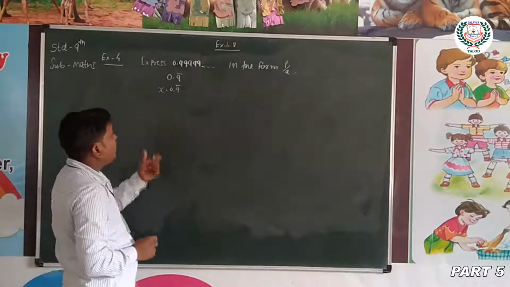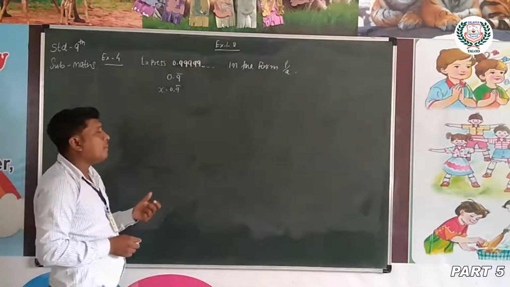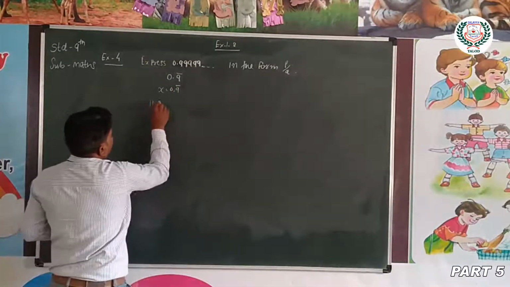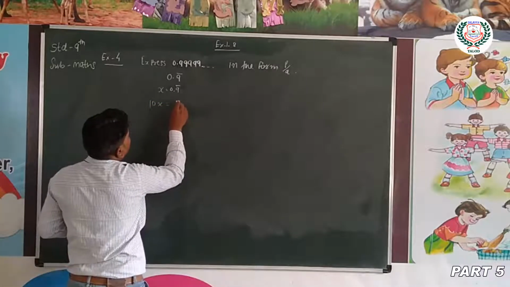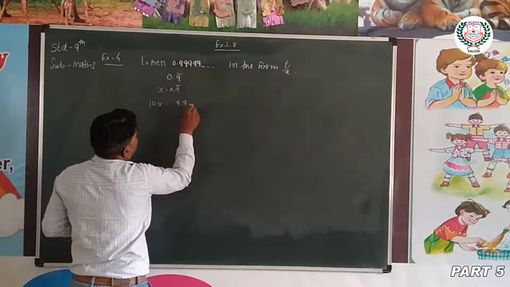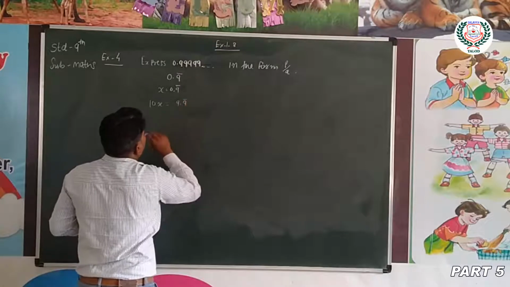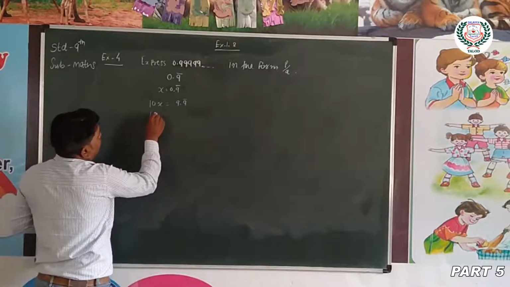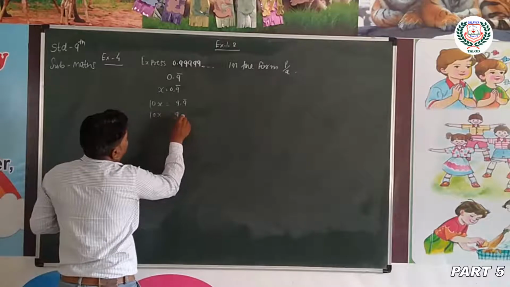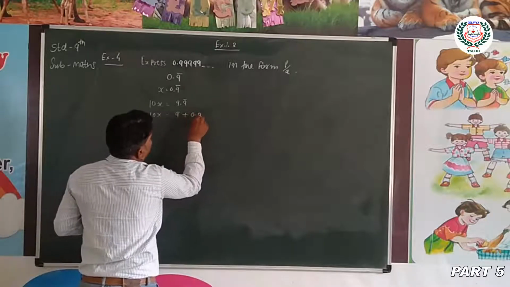Now one digit is repeating, so we have to multiply by 10 on both sides. So 10x is equal to 9.9 bar.